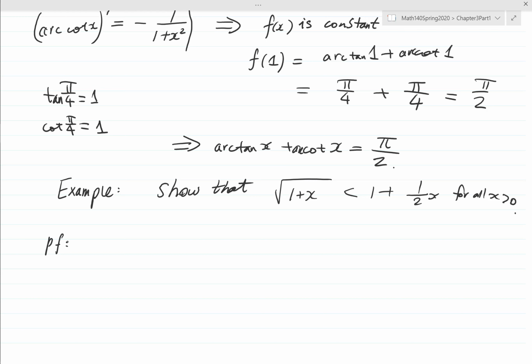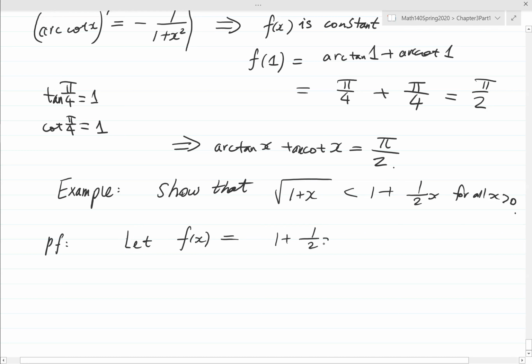Okay, we consider this. Let f(x) be this: 1 plus the right side minus the left side.